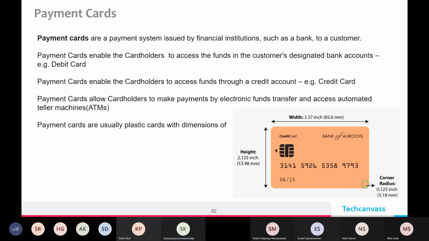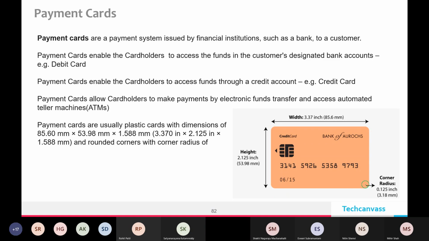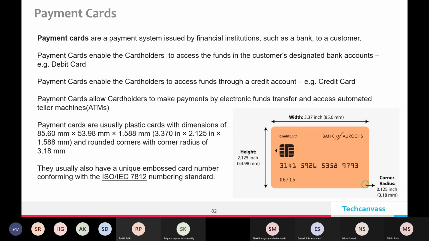Initially, the first card was issued by Bank of America during the 1950s. At that time they issued a slightly bigger card, and later the ISO standards came into the picture. Based on the ISO standards, all banks have to issue cards with these specifications. So if a bank wants to issue cards, they have to follow these ISO standards. Why?